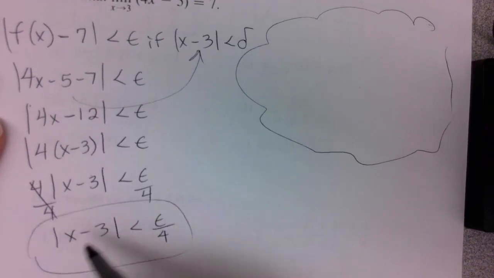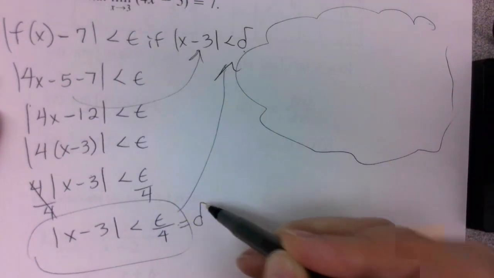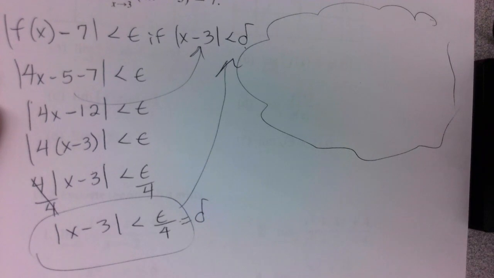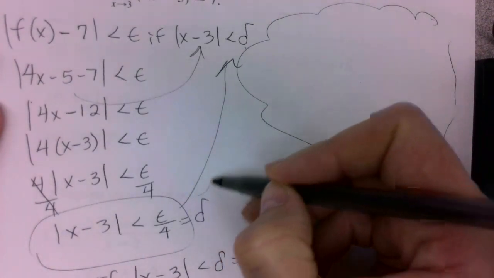And again, it becomes not the super preciseness that we want. So look at the magic that occurred. We now know what our delta needs to be, right? So if the absolute value of x minus 3 is less than delta, which is equal to epsilon over 4, then work through all these steps backwards.